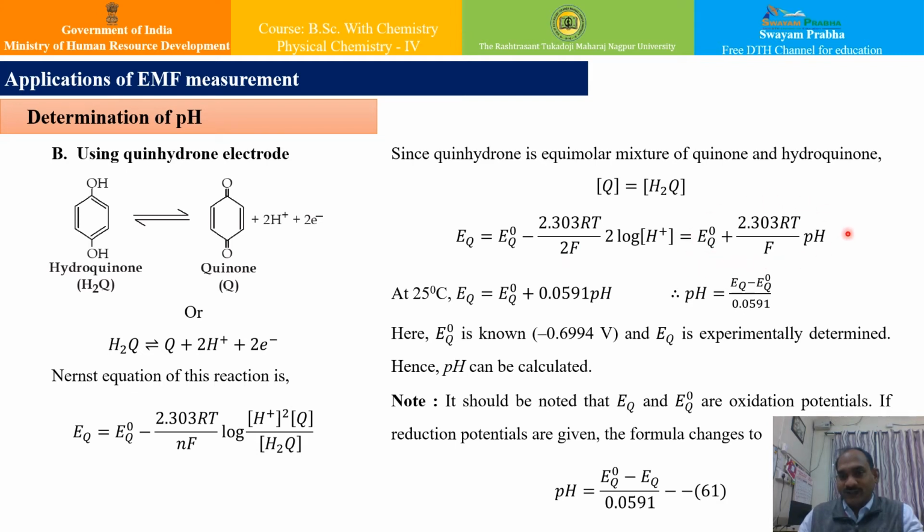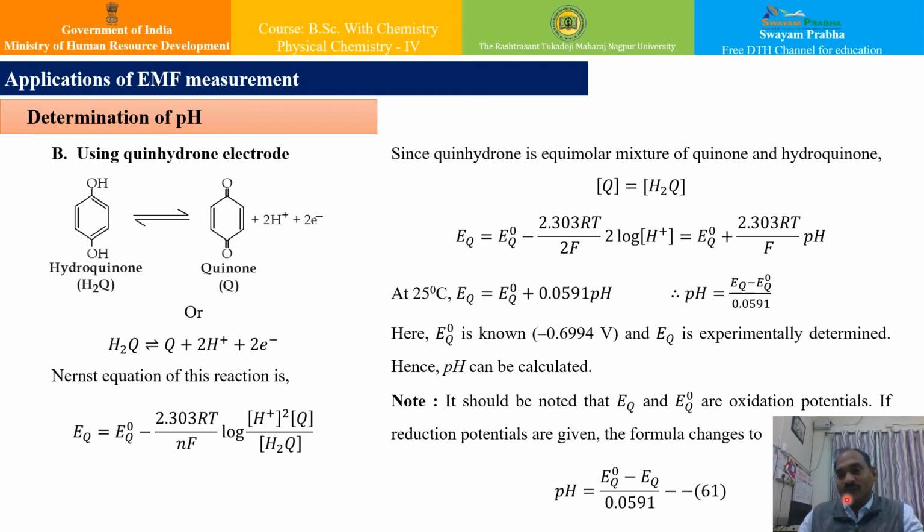So I can substitute the value of pH. From this I can find out the standard quinhydrone electrode potential and the EMF of the cell, and then I can find out the pH. The standard quinhydrone potential is given by this, 0.6994 volt, and this E is the experimentally determined EMF, and using both these values I can find out the pH.